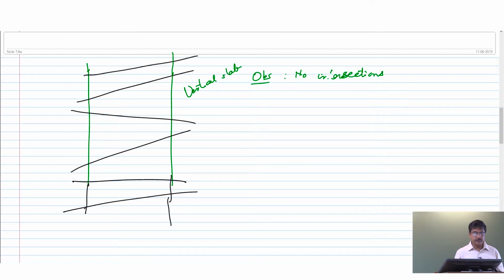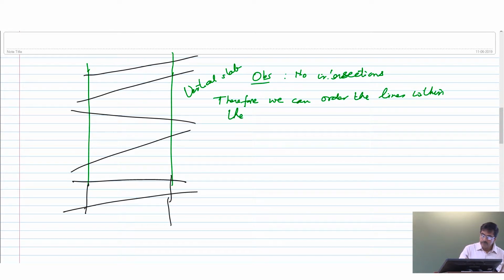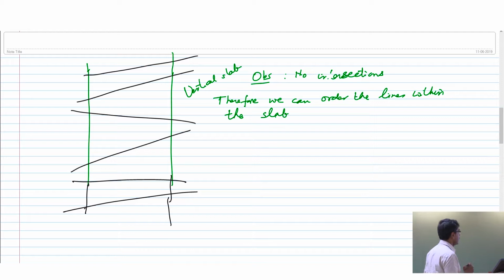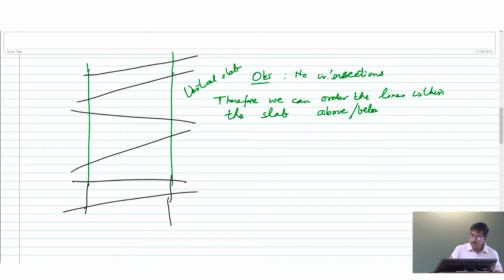Since there are no intersections, we can therefore order the lines within the slab. So, how do we order them? What do I mean by ordering them? It is like an above-below ordering, right.